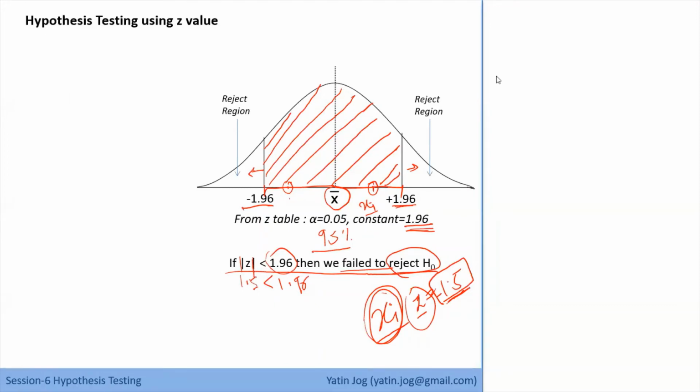You should always remember this in any kind of analysis. You go to T analysis, F analysis, in this kind of rules, right now we are saying mod Z and we are comparing it with 1.96. And then we are saying we failed to reject H0. The result is the same. We failed to reject H0.